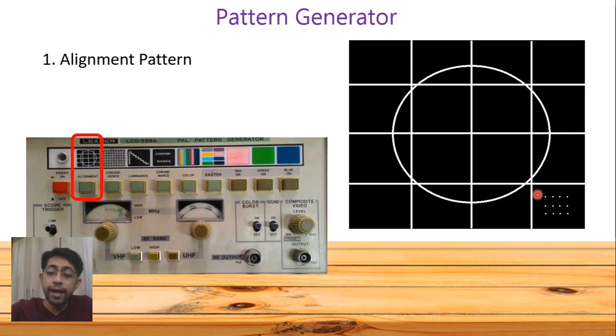Here you can see that this group of dots is appearing on the bottom right. With the help of this position, you can predict the polarity of the current flowing into the horizontal deflection coil and vertical deflection coil. So let us see in detail.